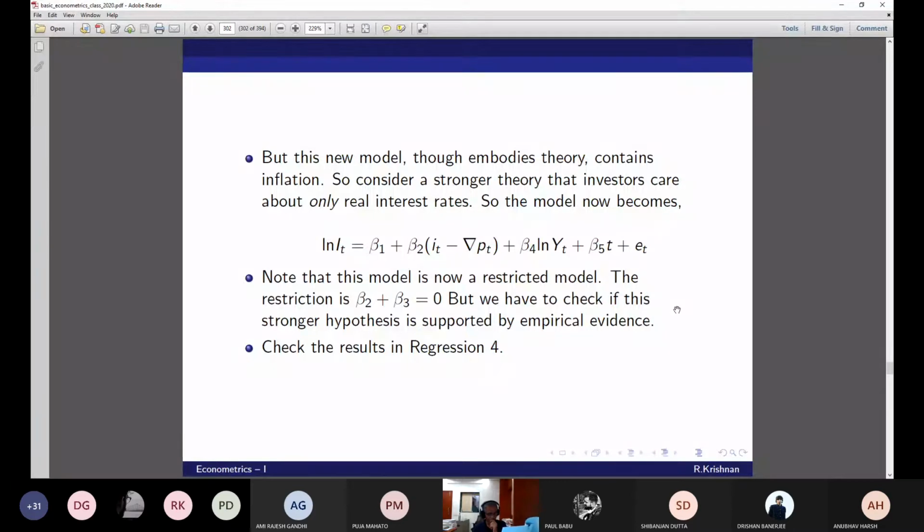Inflation, rate of inflation is significant only at what level? For 80% level. Yes.